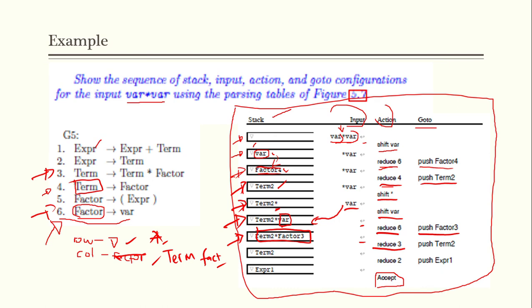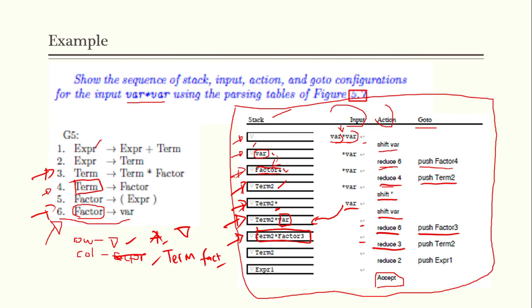What you want to replace here is all of term times factor, because rule number 3 says term goes to term times factor. So what do you replace it with? Look for the row part: what comes before term times factor is a triangle. So triangle is your row, and what would be your column?